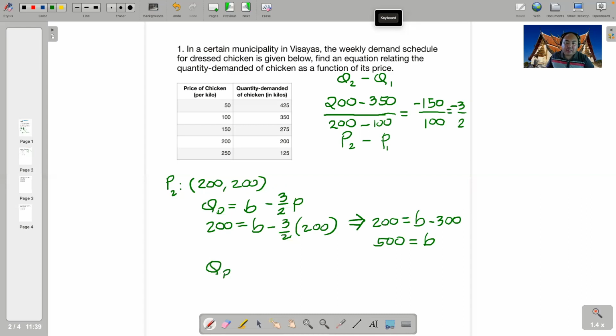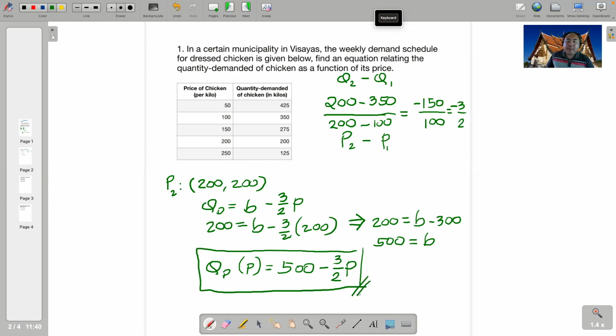So the quantity demanded as a function of price is equal to 500 minus 3/2 P. And there you have it, our equation model.